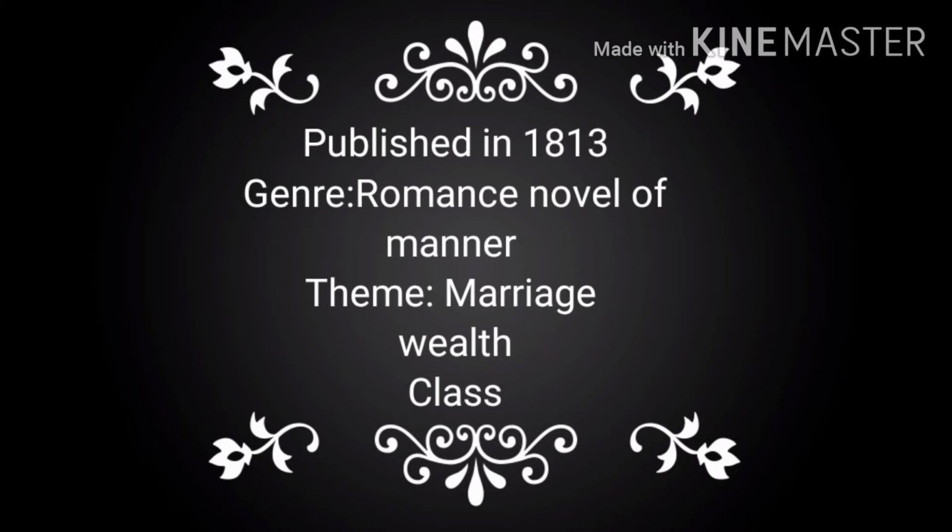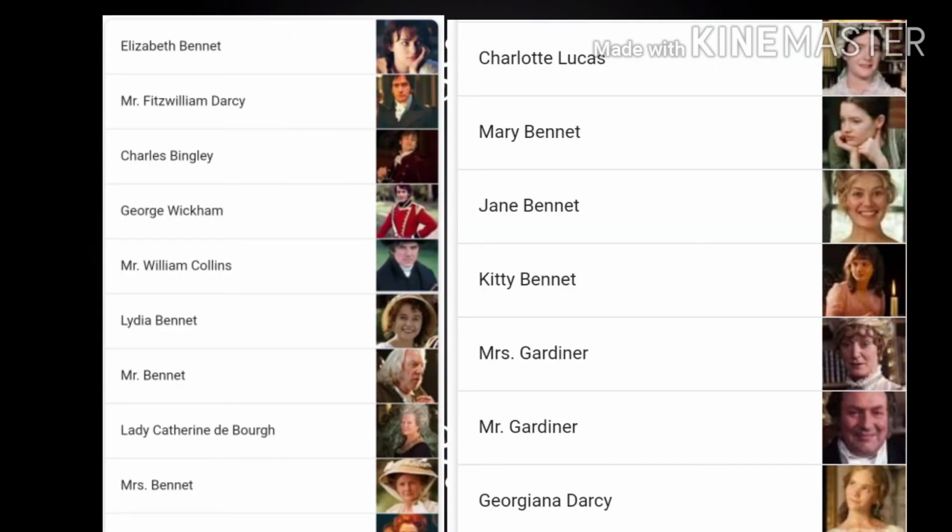So the characters are, first I will take the female characters and then the male characters. The female characters are Elizabeth Bennet, who is the heroine; Jane, the elder sister of Elizabeth Bennet; Charlotte Lucas, who is the best friend of Elizabeth; and Mrs. Bennet, the mother of Elizabeth Bennet.